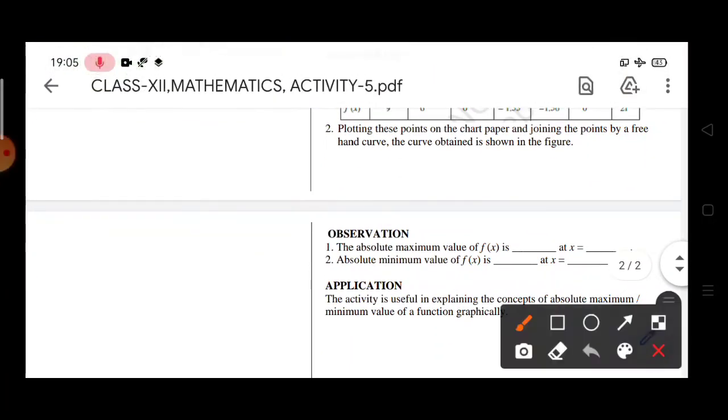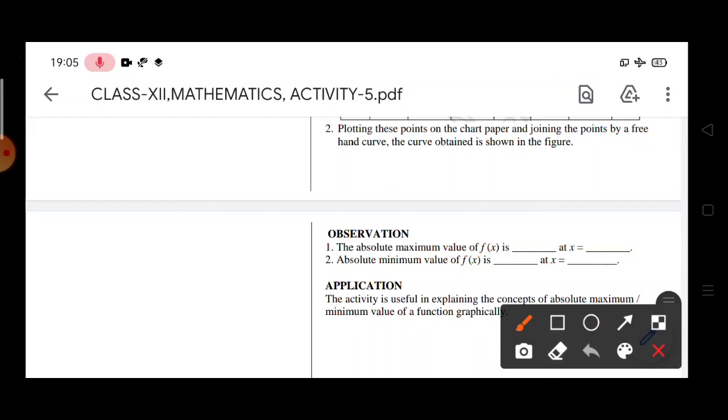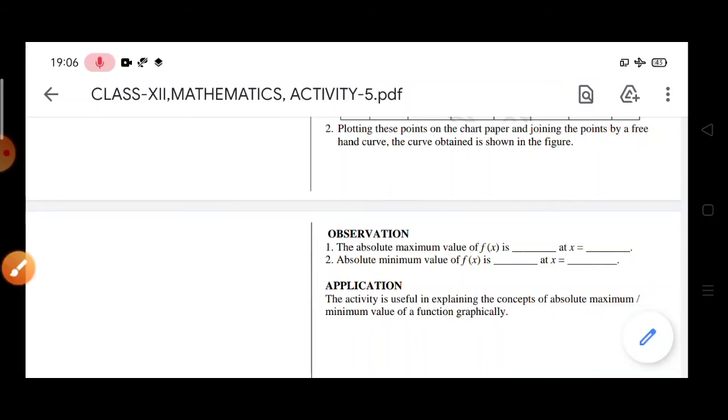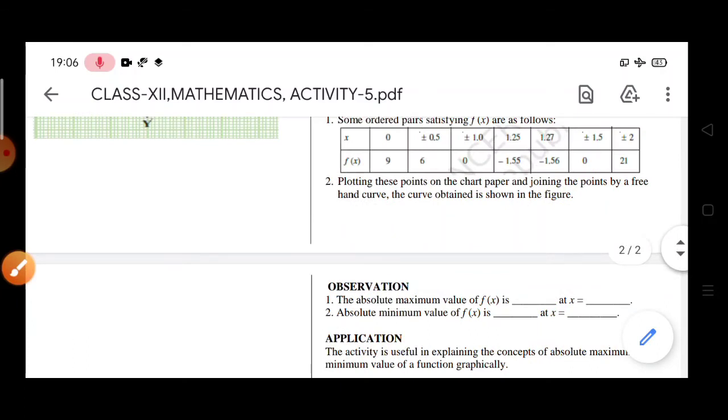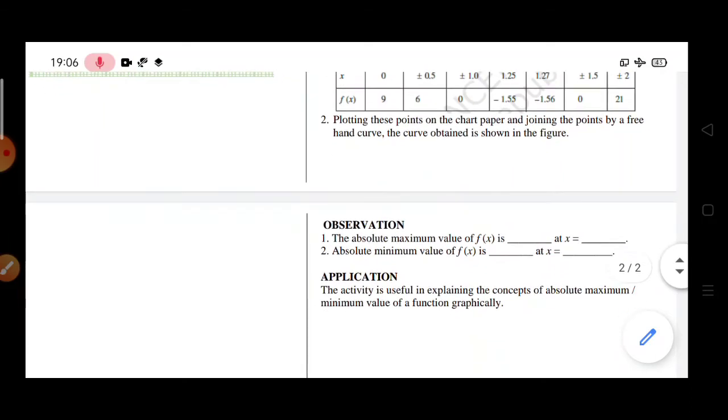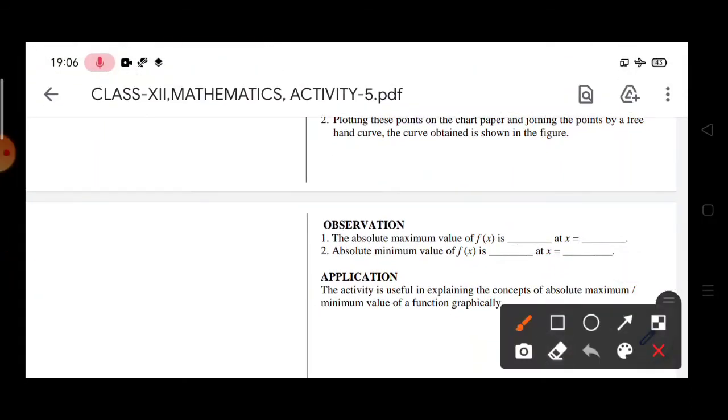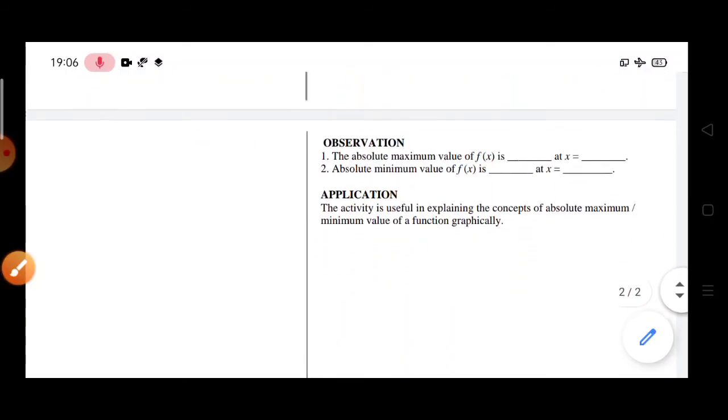The absolute minimum value of the function f(x) is −1.56 at x = 1.27. So you have to write here −1.56 at 1.27. Clear?